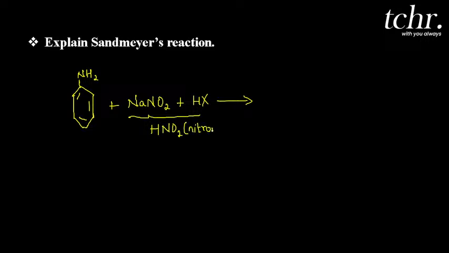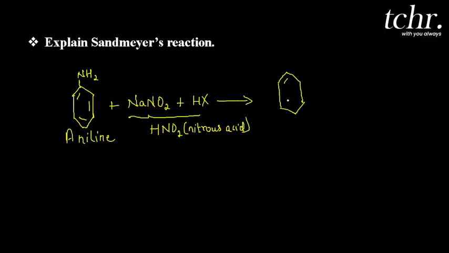So all this you have to explain through formation of sentence. Okay. So when you treat aniline with nitrous acid, a mixture of sodium nitrite and hydrogen halide, what we get is benzene diazonium salt.